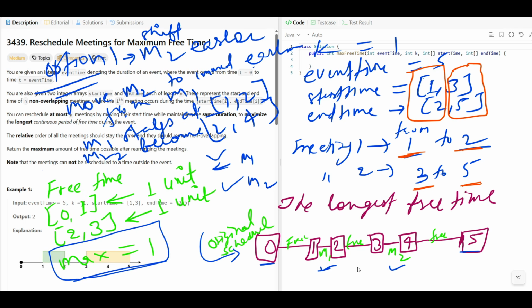So we improve it by shifting meeting 2 earlier, moving M2 to immediately follow M1. M1 stays at 1 to 2, and M2 becomes 2 to 4. The earlier gap is now not free time, it becomes M2's, and this becomes free time. So M1 and M2 stay consecutively.